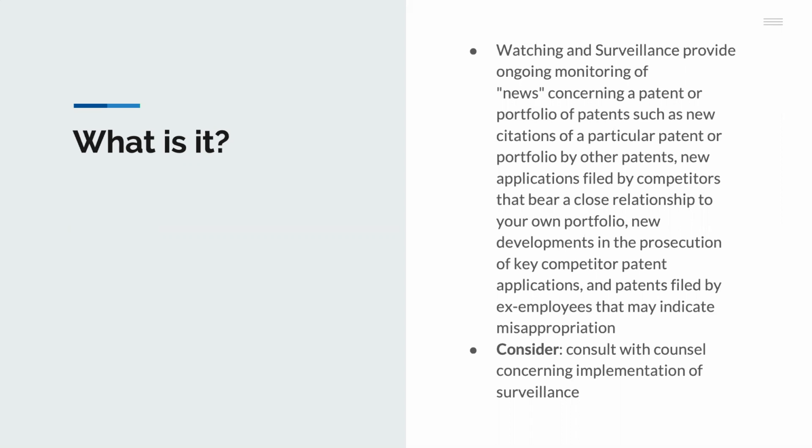Watching and surveillance provide ongoing monitoring of new information concerning a patent or a portfolio of patents, such as new citations of a particular patent or portfolio by other patents, new applications filed by competitors that bear a close resemblance to your own portfolio, new developments in the prosecution of key competitor patent applications, and patents filed by ex-employees that may indicate misappropriation.